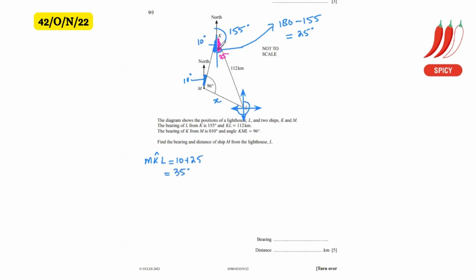As you can see, we have two angles on this triangle, angle K and angle M. So we can easily find angle L now. So MLK would be 180 minus 96 minus 35, and that's equal to 49 degrees. So this is 49.